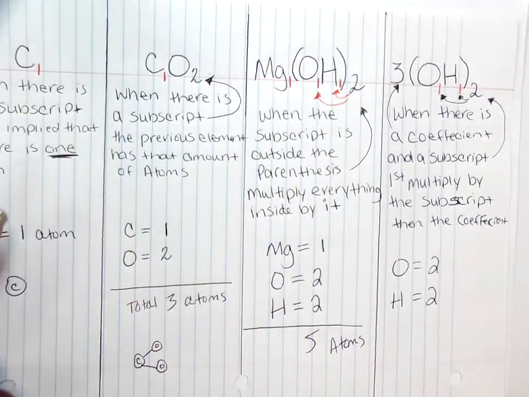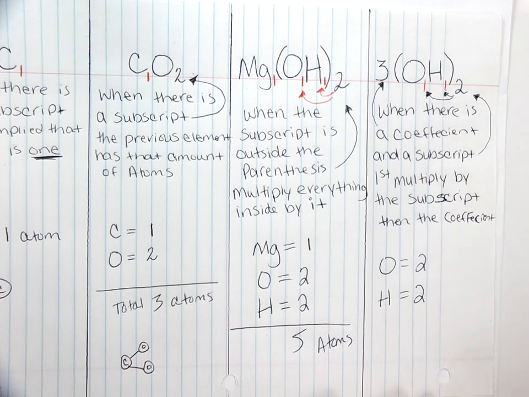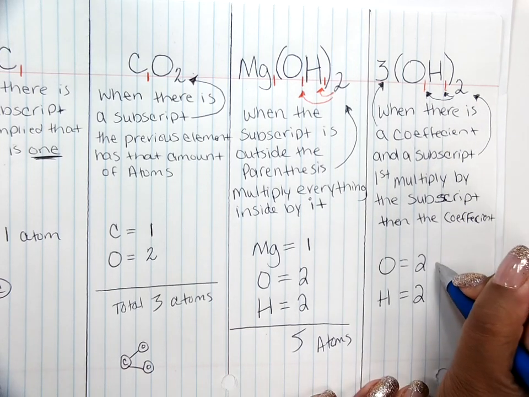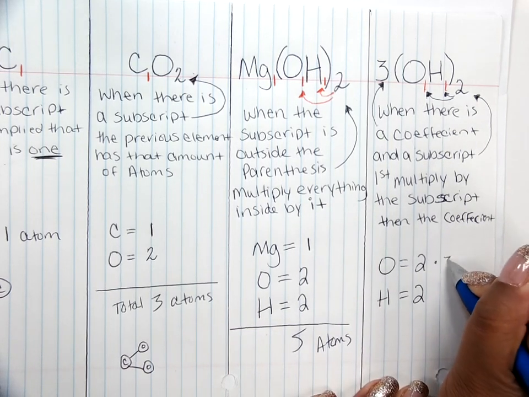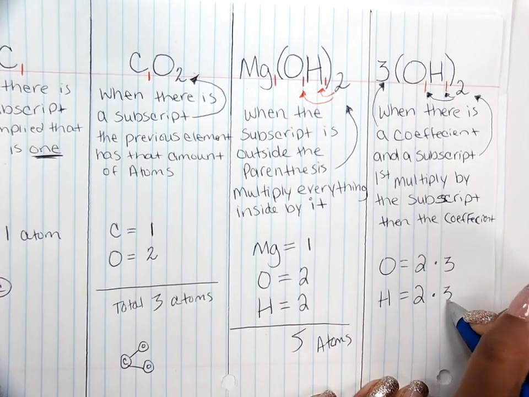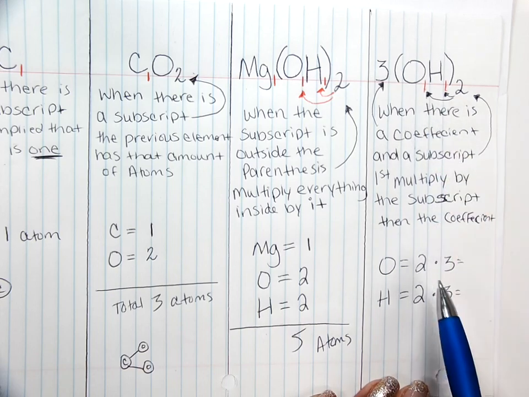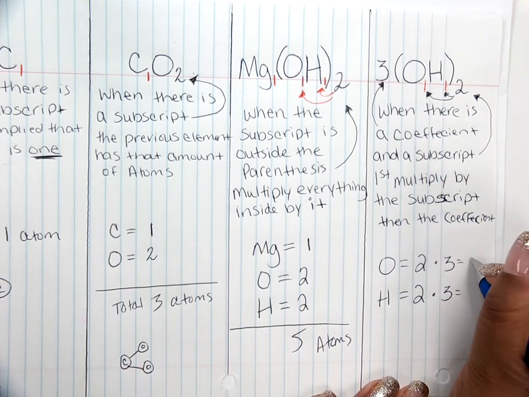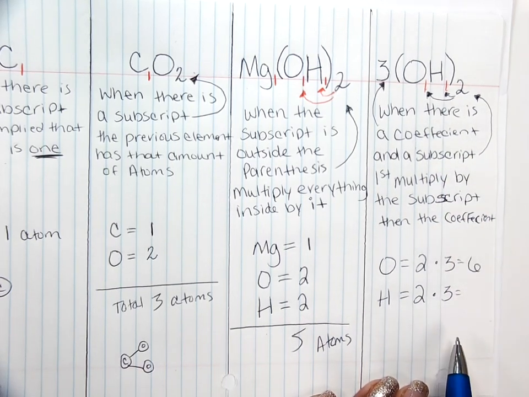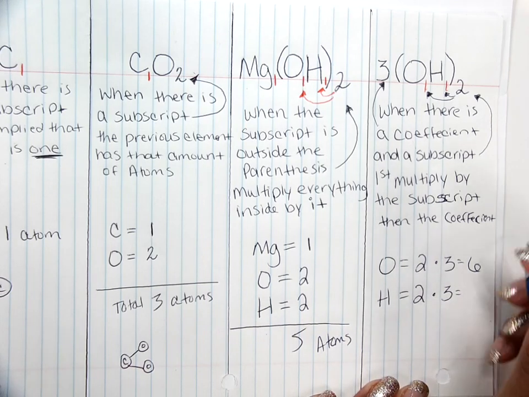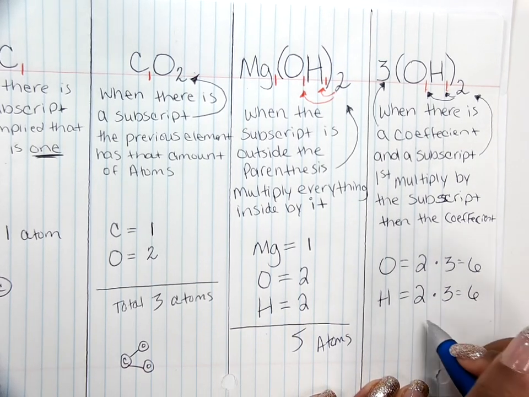Now, we're done with that, except we have a coefficient. For the coefficient, you are going to do this 3 times. How do you do it 3 times? You multiply each one by 3. So instead of 2 oxygens, we have 6 oxygens. Instead of 2 hydrogens, you have 6 hydrogens.